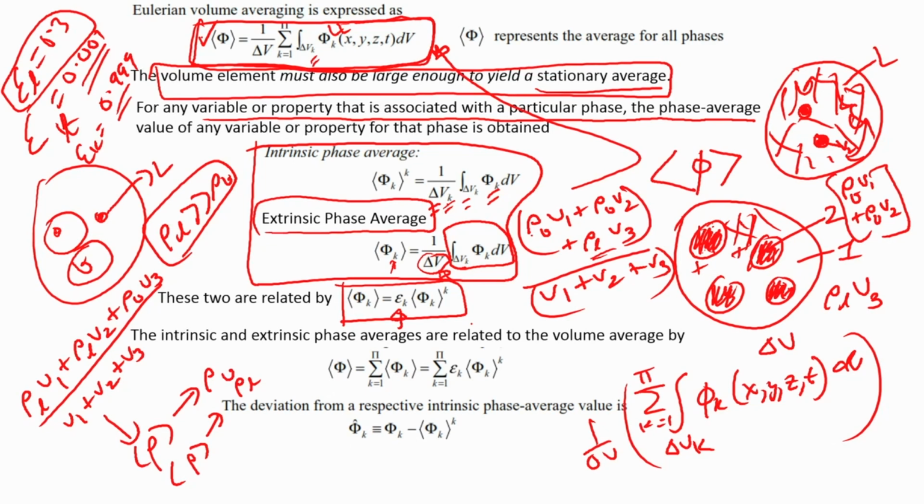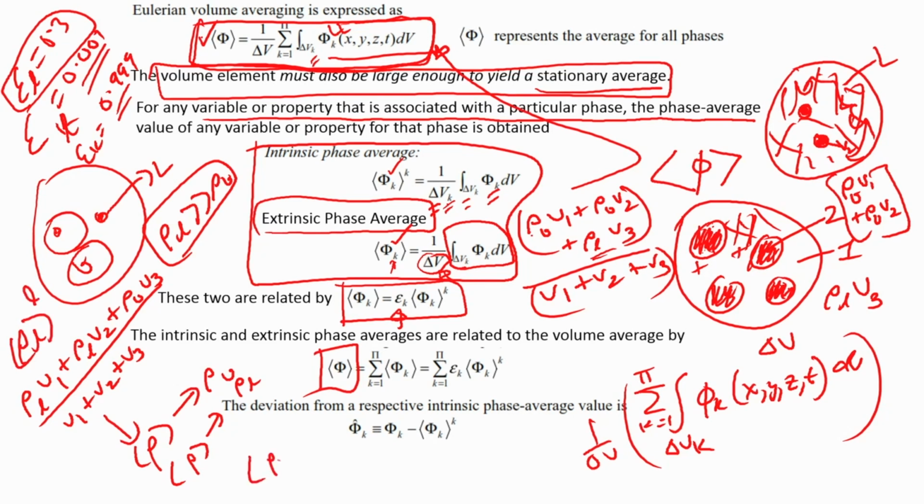They are also related now to the volume average. Volume average is this quantity; volume average is all phases combined, right. This is for a particular phase only, remember; this is the property that is belonging to a particular phase. So, from this density problem that we just showed, for example, in that case it is rho L averaged over the liquid phase, that is intrinsic.